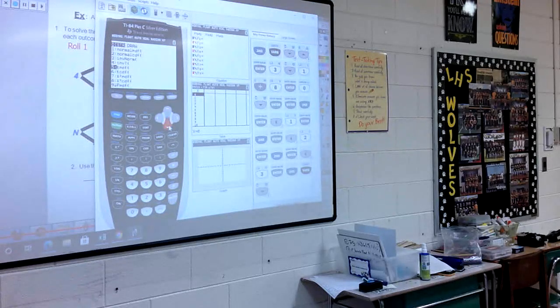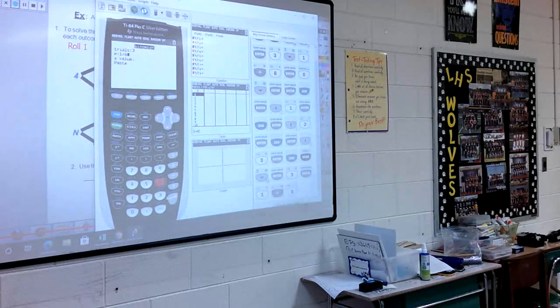So if we go to binomial CDF, let's say we want the same 3 trials. The probability is still 1/6. Now, the X value is 1. Now, what that's going to do is it's going to count all the way up to 1.